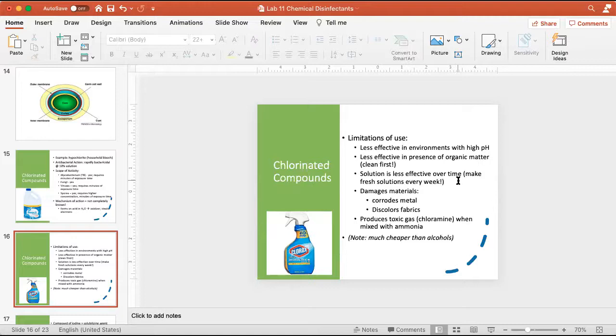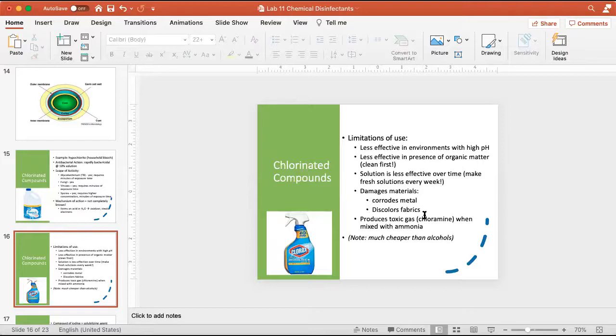You don't have to do that if you're going to use alcohol. You can keep alcohol as a 70% solution for a long time, and it's not going to be less effective. Just like alcohol, bleach does damage materials, but a different list of materials. Bleach will corrode metal over time, so you need to know that.